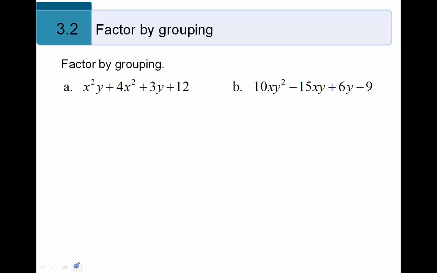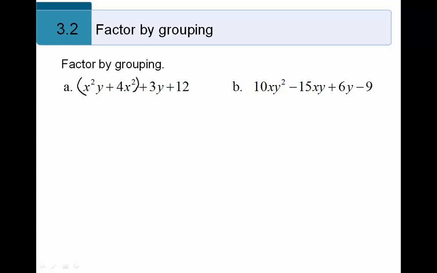So on page 175a, notice we have 4 terms here in this polynomial, and when you factor by grouping, you're going to group the first 2, and you're going to go ahead and factor that as a binomial. Recall from 3.1, we're looking for a greatest common factor. When you're factoring a variable term, remember the GCF is going to be whatever the smaller exponent is.